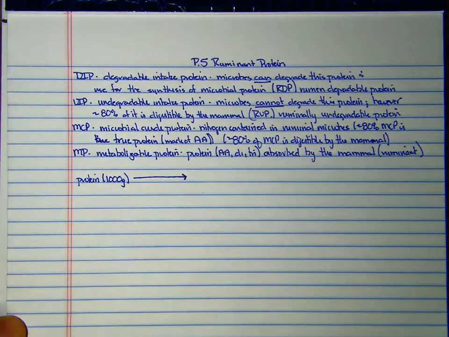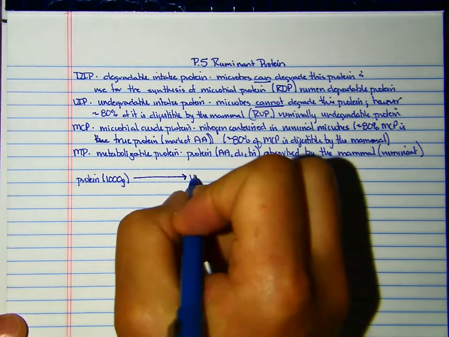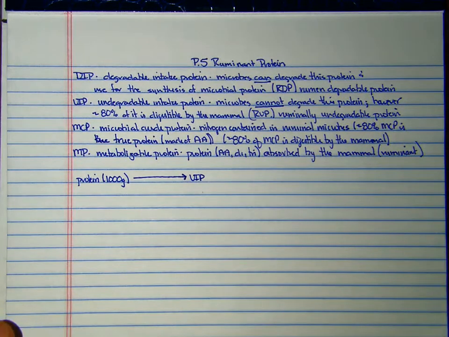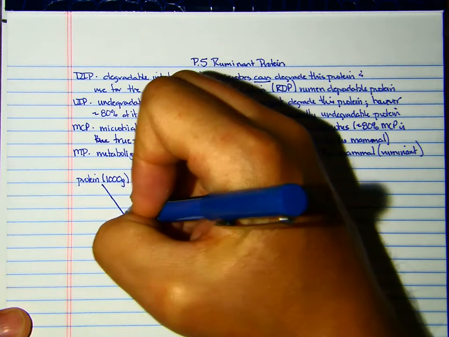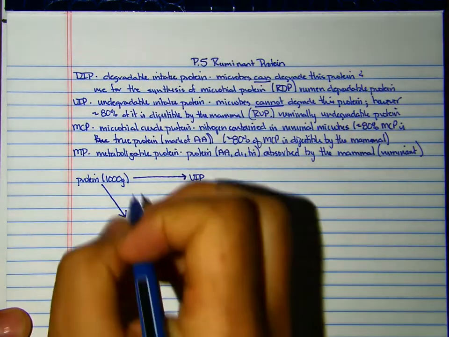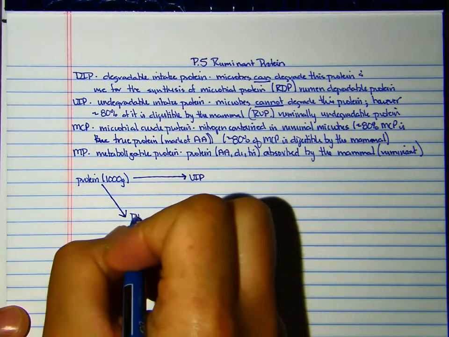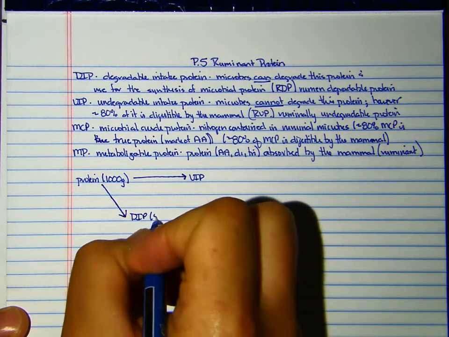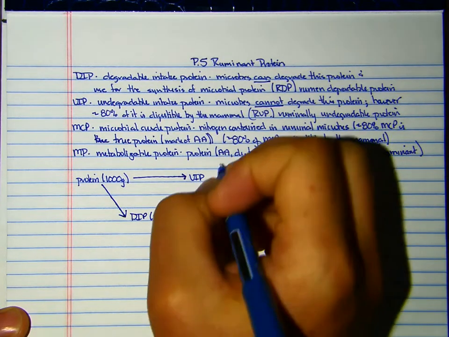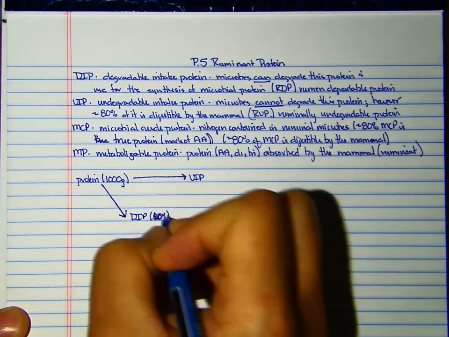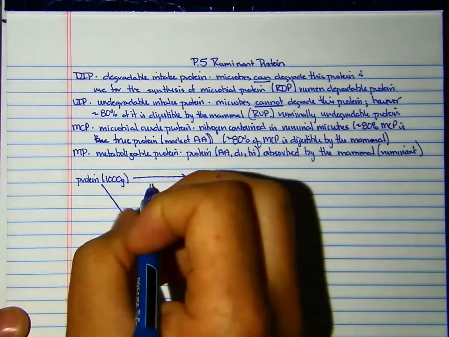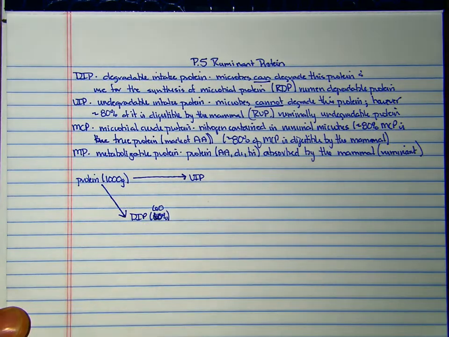Some fraction of that protein is UIP, and some fraction of that protein is DIP. And we're going to say it's 50% DIP. Let's do 60% DIP.